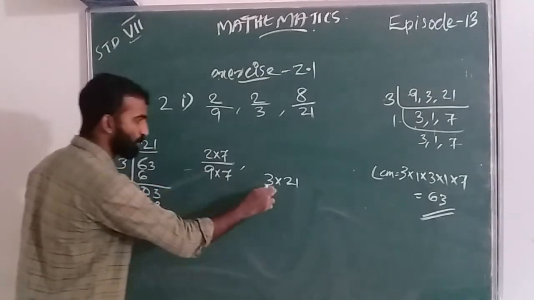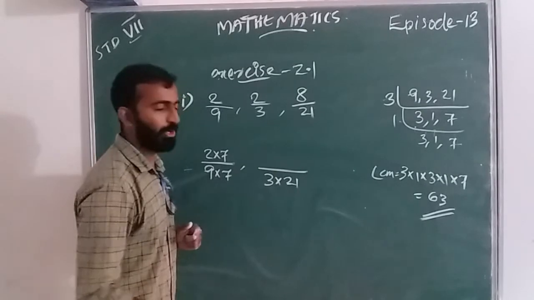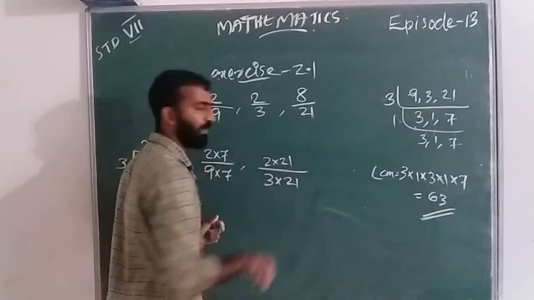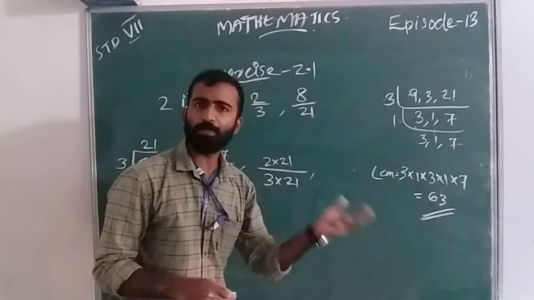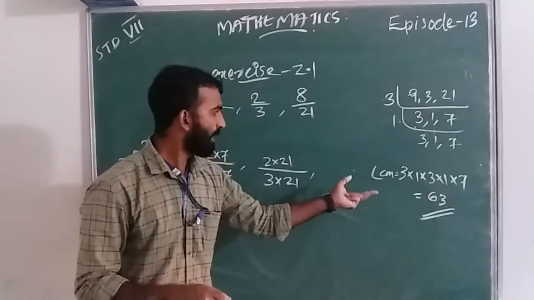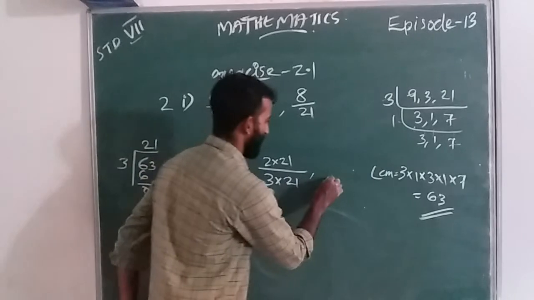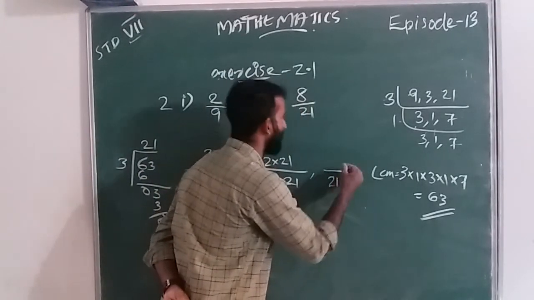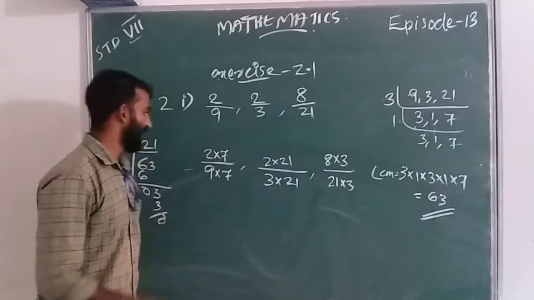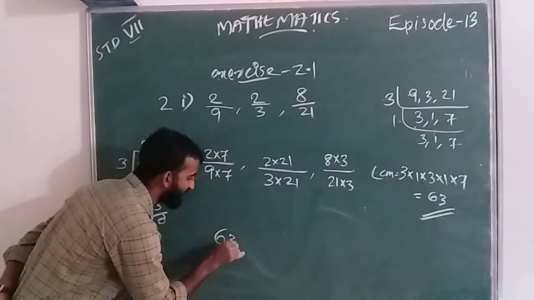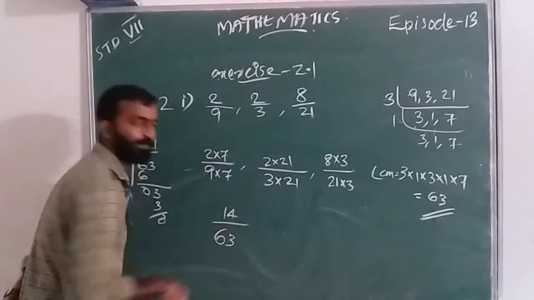That is 2 into 21 upon 3 into 21. And for 21, we divide 63 by 21, we get 3. That is 8 into 3. Then we get 63 upon 14.